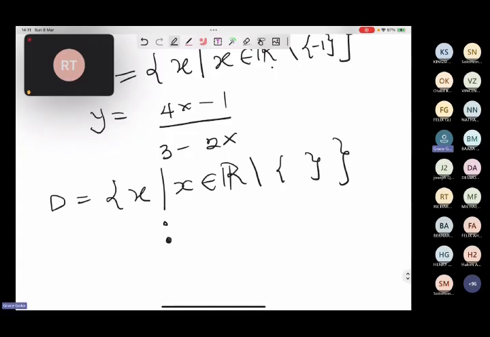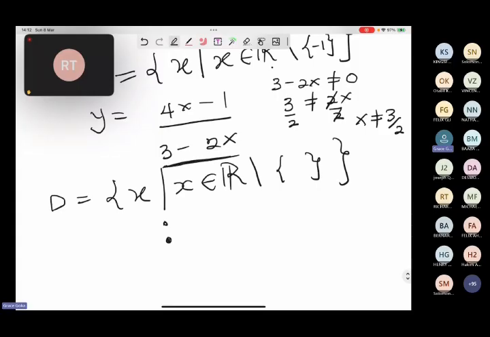And so we don't want the denominator to become 0. So we have 3 minus 2x. Please do not become 0. 3 must not be the same as 2x. Divide here by 2, divide here by 2, 2 cancels 2. Therefore, x cannot be the same as 3 over 2. So if my x is 3 over 2, the function becomes undefined, because if I put 3 over 2 here, the denominator becomes 0.